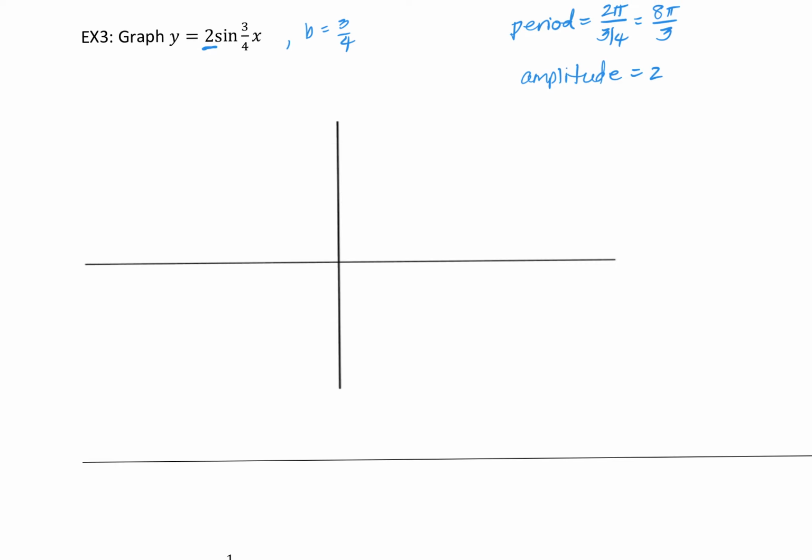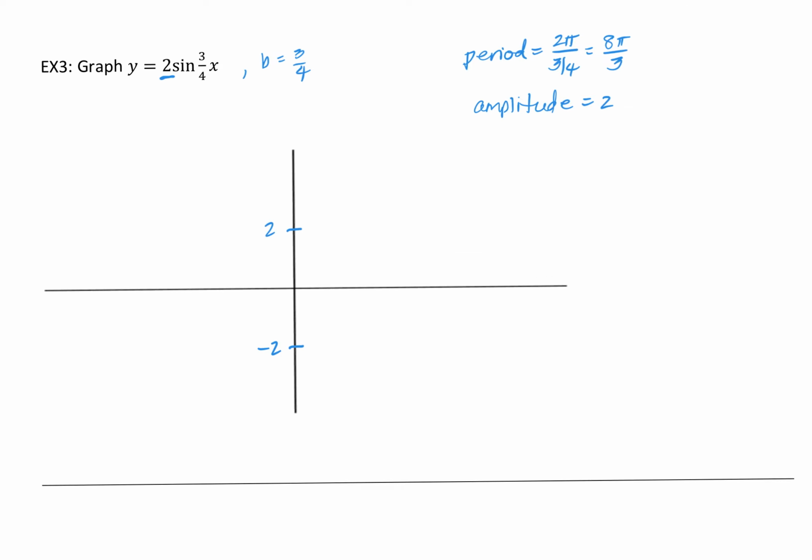So this is how I'm going to set this up. Okay, amplitude is 2. So I know I have to go from 2 to negative 2. That's how I would label my y-axis. That's not really a nice scale. That's going to irritate me. I went up really high, so they don't match that well. And I also know I have to go to a period of 8 pi over 3.